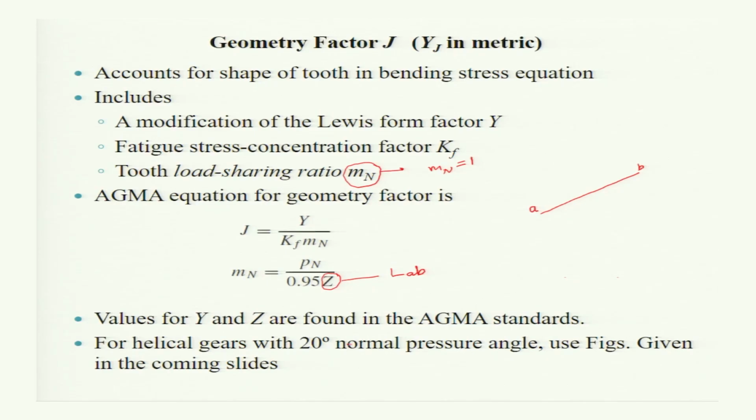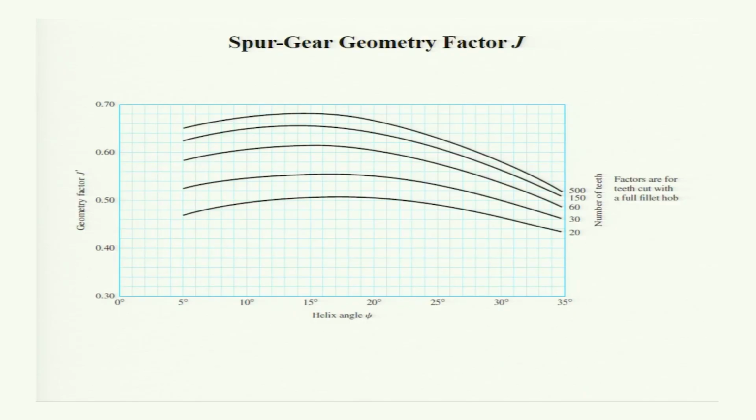For helical gears with 20-degree normal pressure angle, use the figure given in the coming slide to determine the value of J. This is not the spur gear, this is the helical gear. The helical gear geometry factor, this is not actually J but the geometry factor J dash, and it is valid for a particular case.